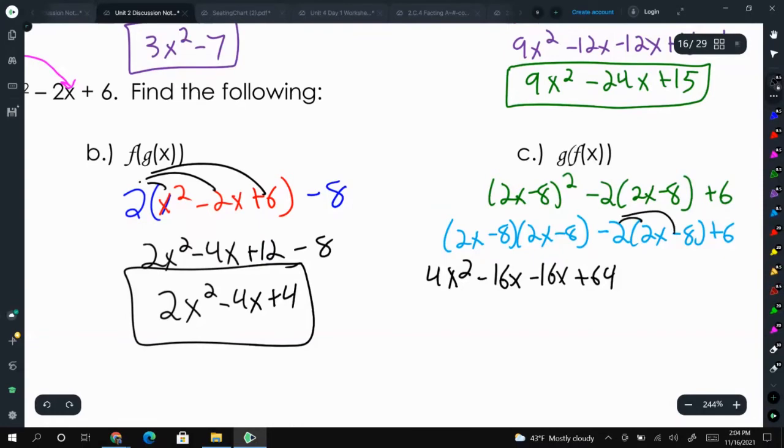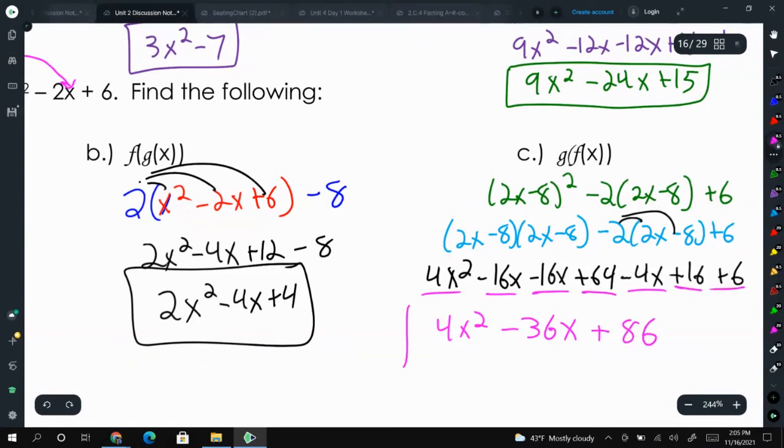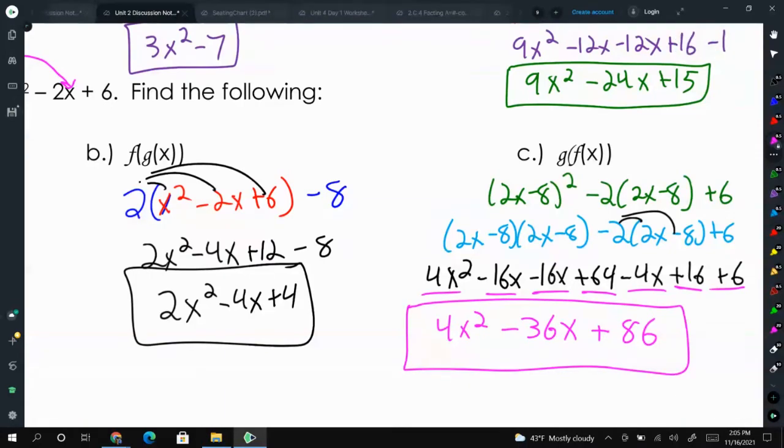And then distribute this, minus 4x plus 16 plus 6. And now we can combine like terms. We're going to have 4x squared minus 36x plus 86. And that is my composed function.